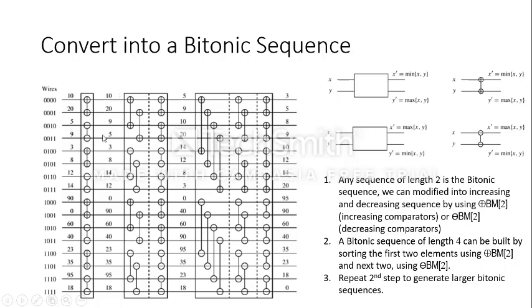Since we are providing these four values simultaneously to a Bitonic merging network like this, it will divide the input into two different parts. This particular line is showing the first split.